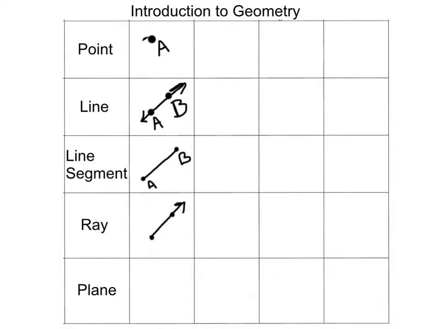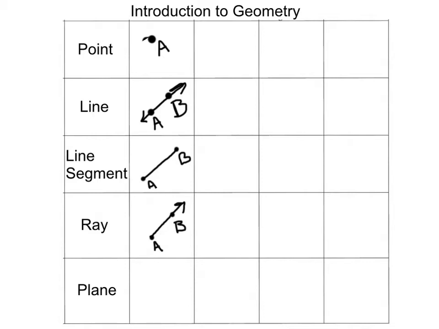But when you talk about a ray, you have to start with where the ray starts, meaning the endpoint where the ray does not continue in that direction. So if we were labeling this one, you would have to call this ray AB. You could not call it ray BA, because it's not going in the direction of the line.